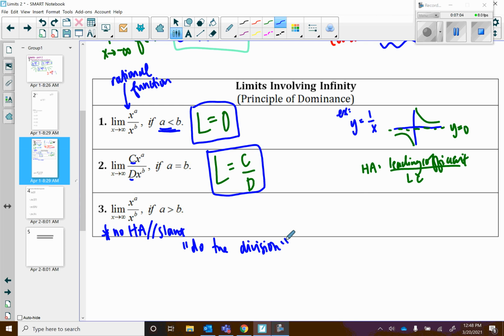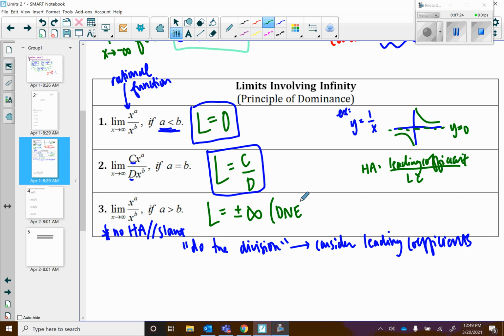We would take the numerator and divide it by the denominator. And once we do that, we are going to consider the leading coefficients. So in this case, our limit will either be positive or negative infinity, and that again means the limit does not exist. And how do I know if it's positive or negative infinity? Well, this will be determined by that leading coefficient.